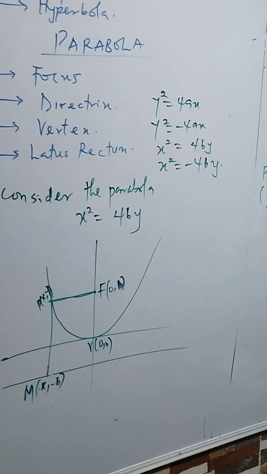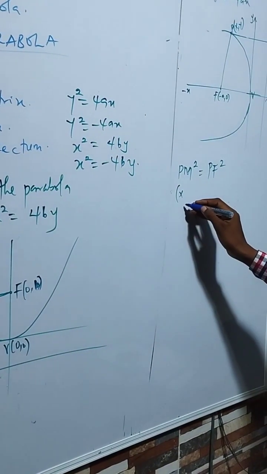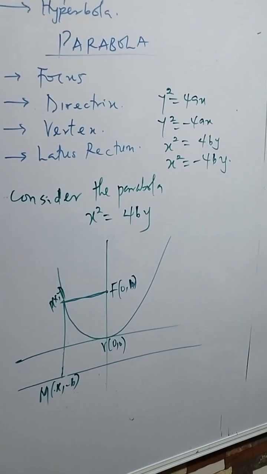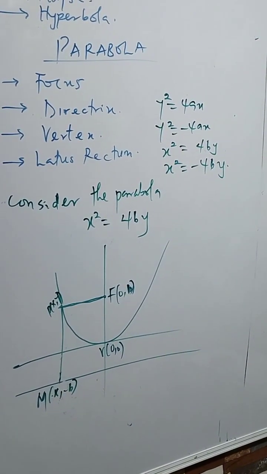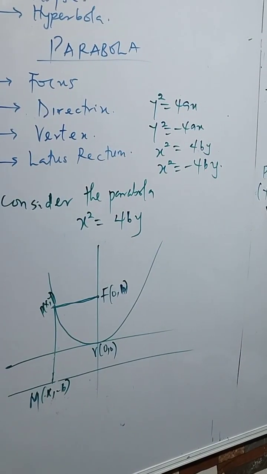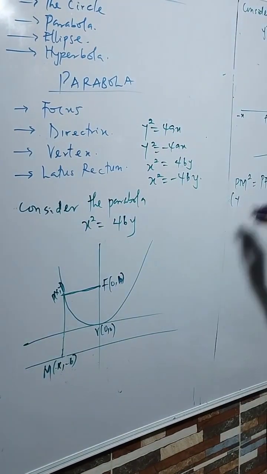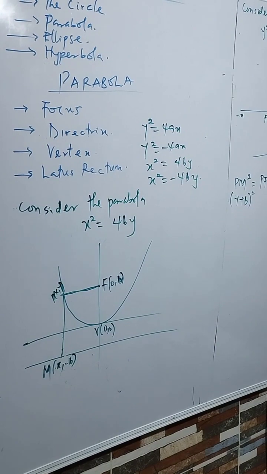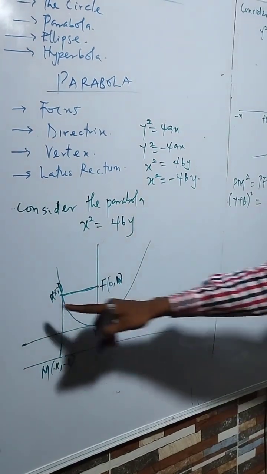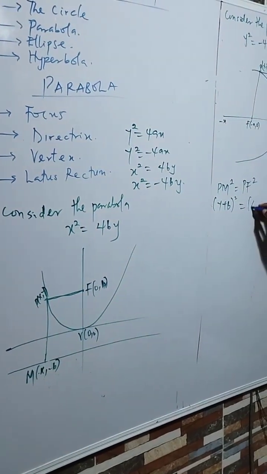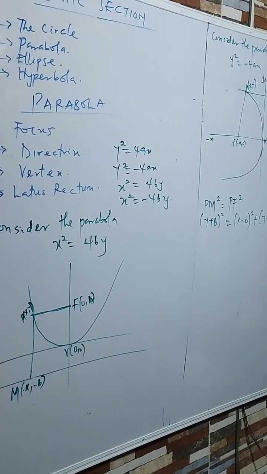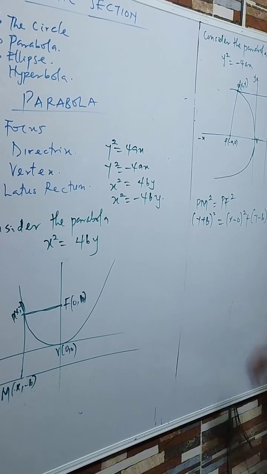So we are having this point as x minus x, which is 0, I don't need to write this any longer. So I'm going to have here y minus b, which is y plus b, all square. That is, minus minus is plus. Then equals PF, which is x minus 0 all square plus y minus b all square.